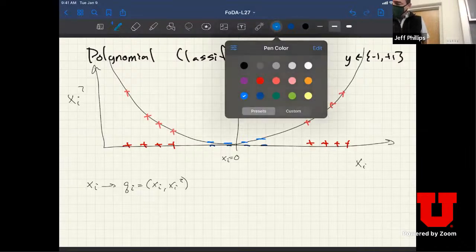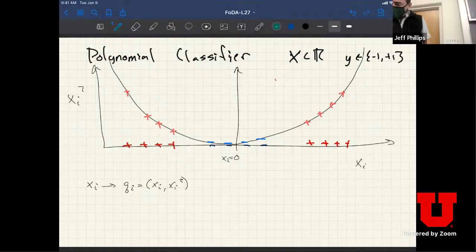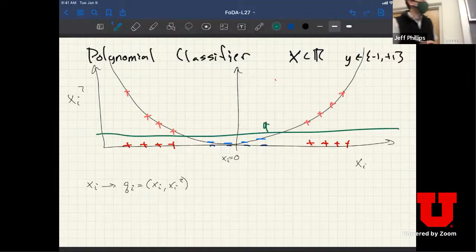The beauty of this is that now I can find a linear classifier. Once I'm in this higher dimensional space, these are now the points Q, which are in R^D, or in R2. Now I'm in R2, and I can define a linear classifier in this lifted space.